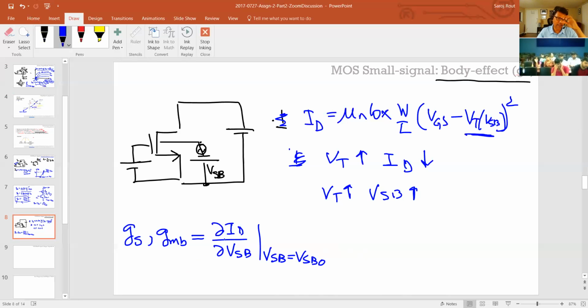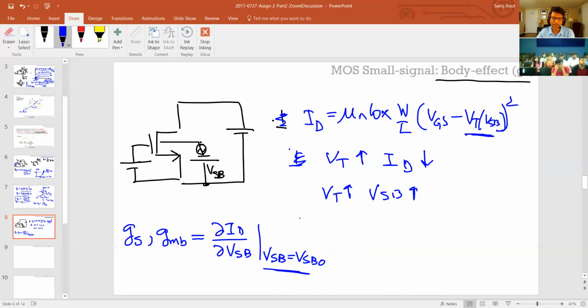By the way, when you're finding this differential, you fix your DC voltage. That goes without saying. So that's what's called the body effect small signal parameter, GS or GMB.